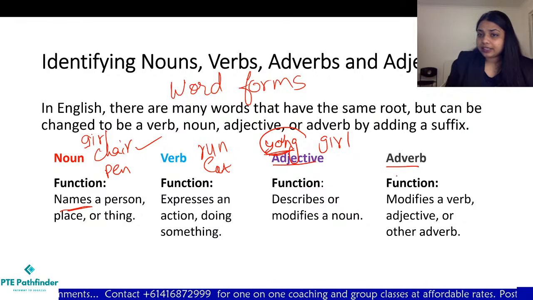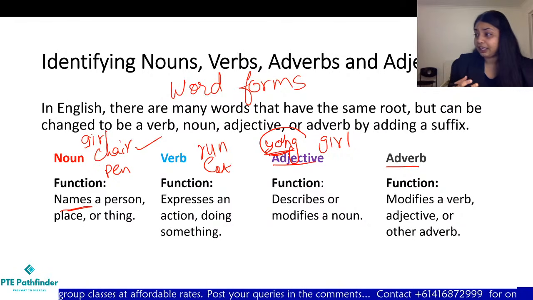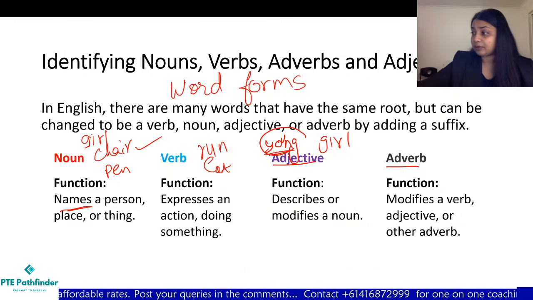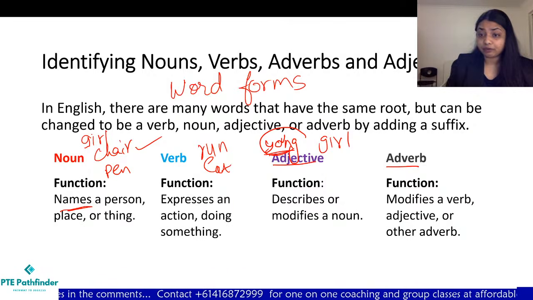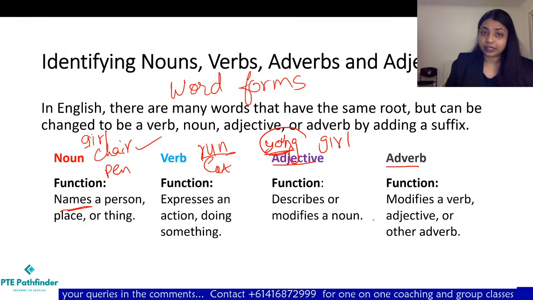And adverbs basically is a huge category of word form. It has several different functions. So sometimes they modify any verbs. They sometimes modify an adjective, and sometimes they also can modify another adverb as well. So if I say she was running, right? So how was she running? She was running swiftly. She was eating slowly, anything.